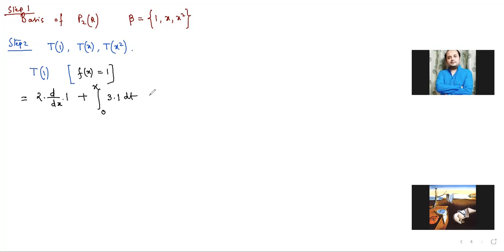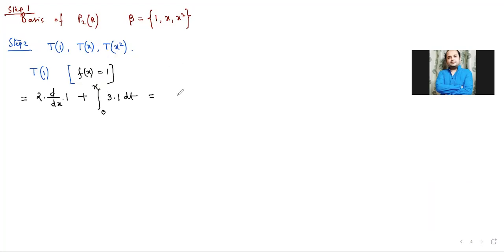What is the value of this? It will be 0 plus 3x. So T of 1 is equal to 3x.